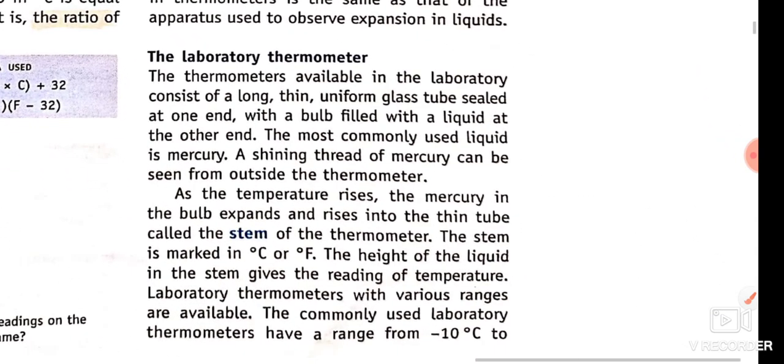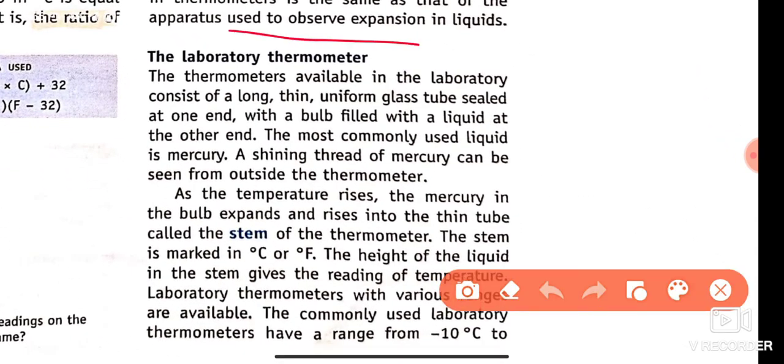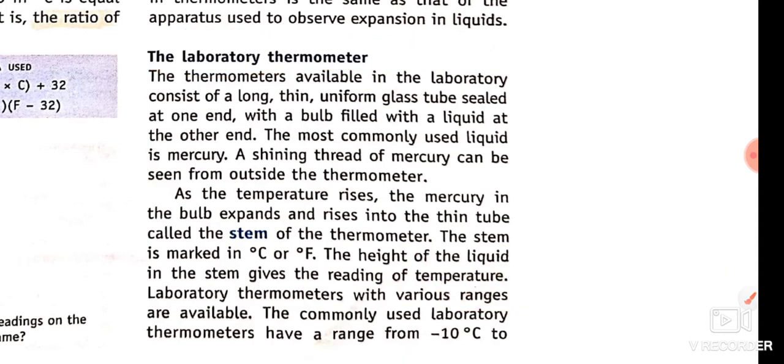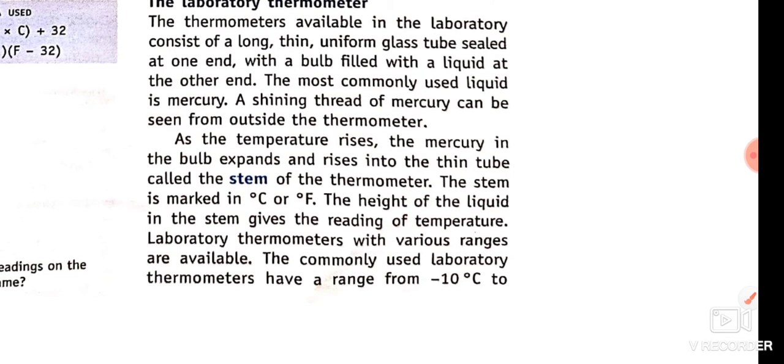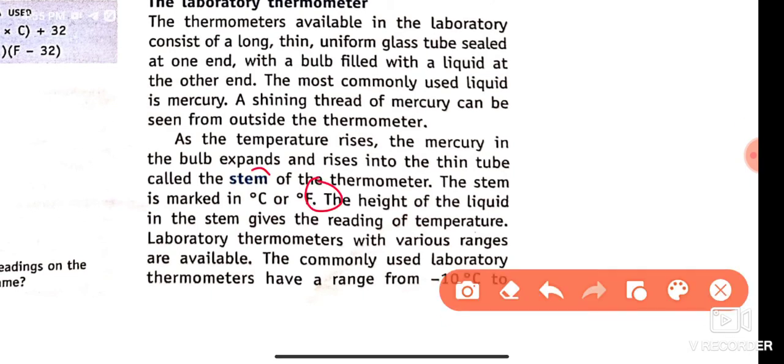So let us discuss the types of thermometer. First is the laboratory thermometer. The thermometer that is used in the laboratory to measure the temperature of a substance is known as a laboratory thermometer, and it is made up of glass. Both scales are present over it, degree Celsius and Fahrenheit scale, and the height of the liquid is the reading of the temperature.